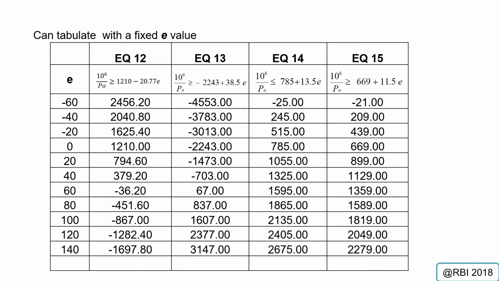As you can see in this table, I have selected minus 60, minus 40, minus 20, up to 140, so you see an increment of 20 for the E value. The E will represent the x-axis value. Then with the range of E stated in this table, you will be able to calculate your values for 10 power of 6 over P naught, which is your y-axis value. Each of equations 12, 13, 14 and 15 will definitely give you a different value for your y-axis.